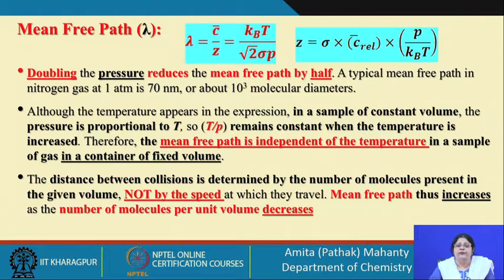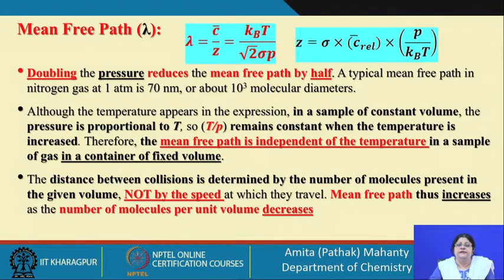When the volume is constant, then the pressure is directly proportional to T. So, though the temperature is appearing in the numerator, so the increase in temperature should increase the mean free path, but since for a constant volume, pressure increase is going to be proportional to the temperature increase, that means T by P will remain a constant.